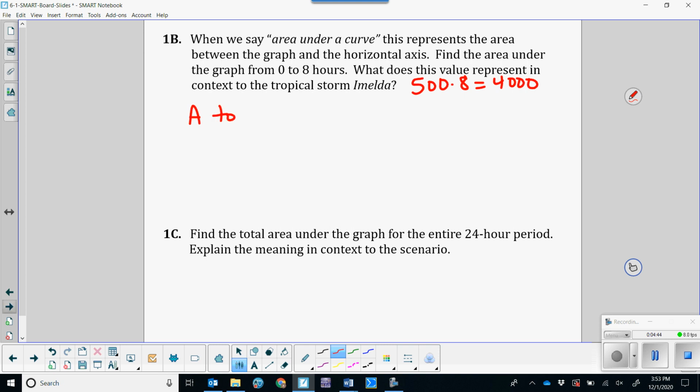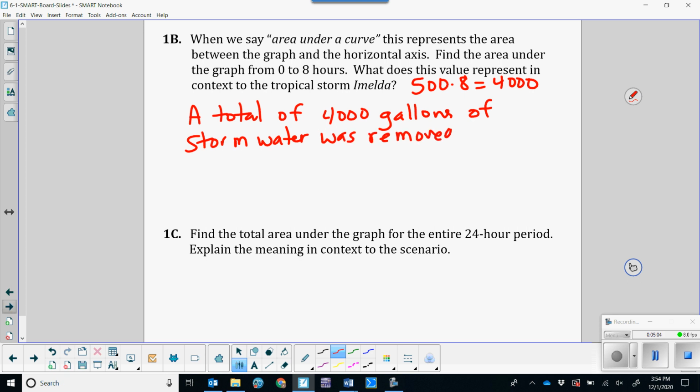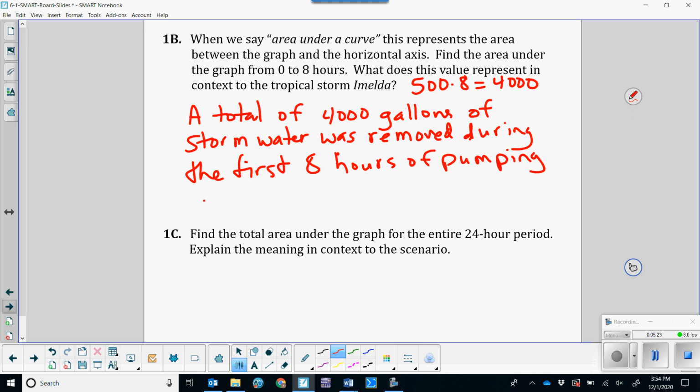It represents a total of 4,000 gallons of storm water. Remember, we want to write everything exactly like the problem, and they called it storm water. So storm water was removed during the first 8 hours of this storm.